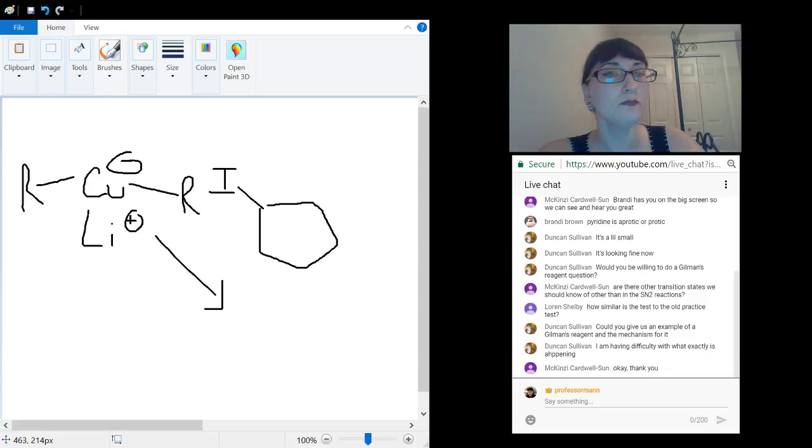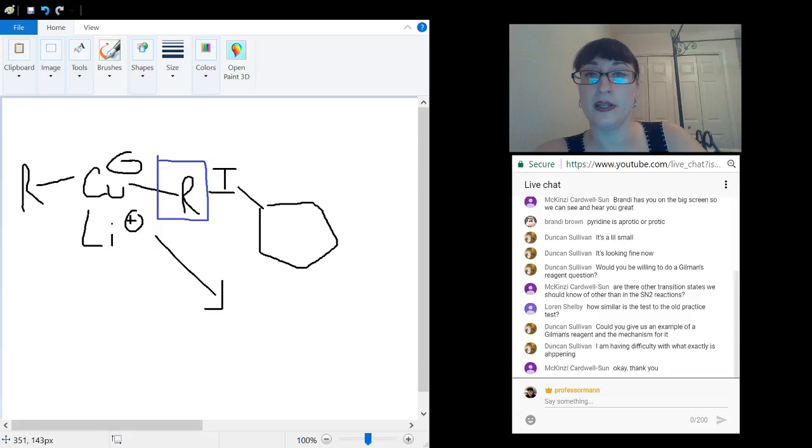Remember, these are essentially carbanions. Whatever that R group is, it's essentially a carbon with a lone pair of electrons and a negative charge on it.